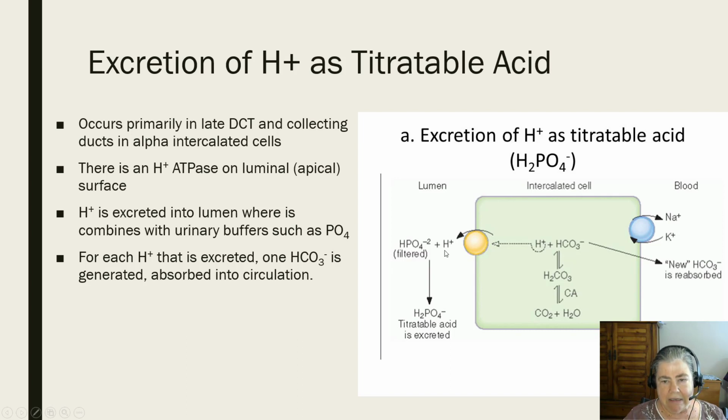Those hydrogen ions then combine with phosphate, which is the main buffer in the urine, and are excreted. On the blood side, we have our sodium potassium ATPase, and within the cell, this hydrogen ion allows for the production of one bicarb ion because of the carbon dioxide and H2O and carbonic acid, H2CO3.